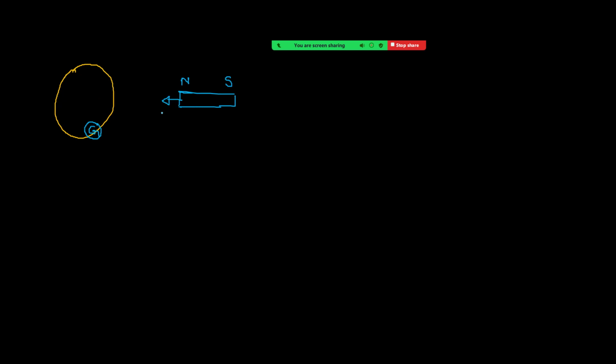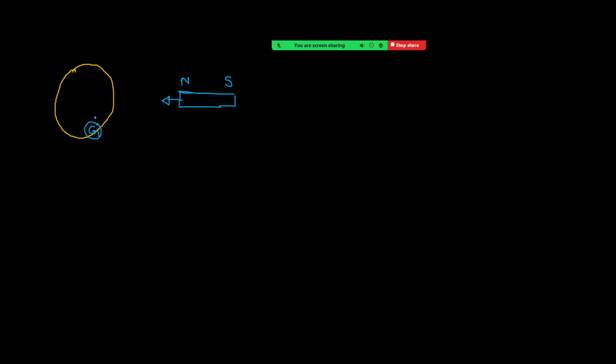So from these experiments, he gave a conclusion that whenever the magnetic flux linked with a closed loop, or you can say conducting loop, is changing, then current flows in it. But remember, to have flow of current, there must be a battery.